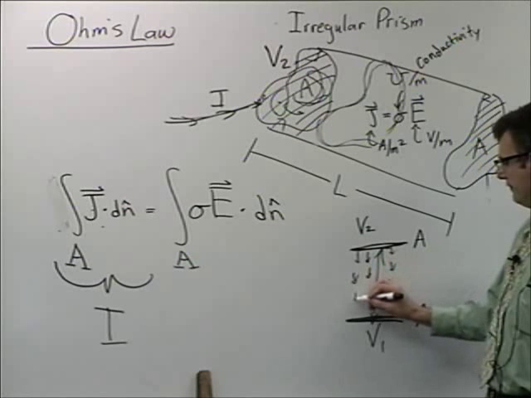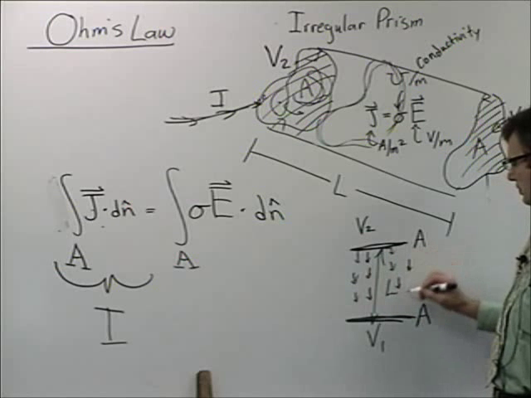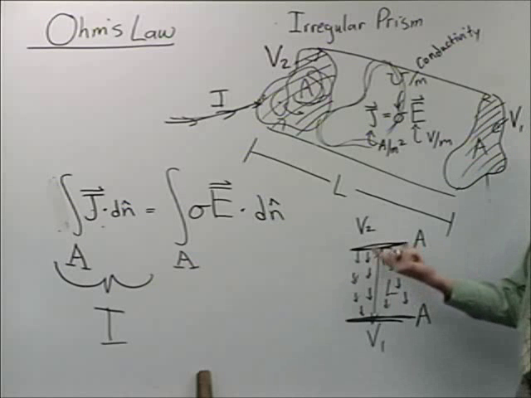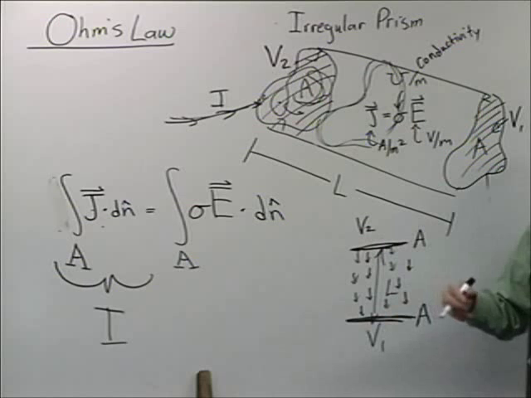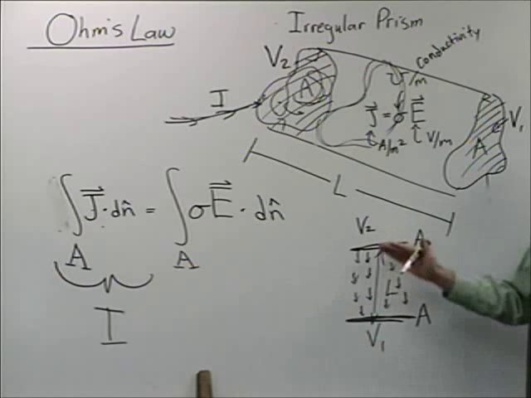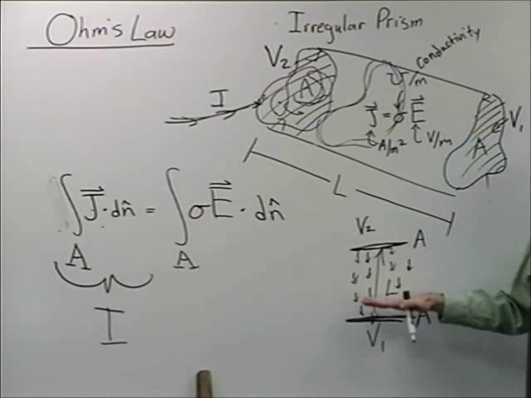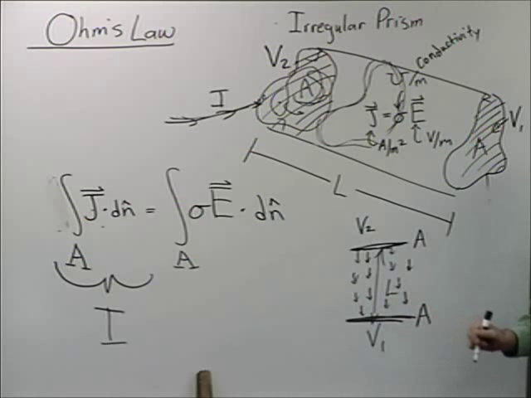And I'm going to invoke a little approximation that we invoked earlier, and that's for the parallel plate capacitor. Whenever I have a voltage here and a voltage here, I could do this by invoking the parallel plate capacitor. I can actually try to solve Laplace's equation in one dimension. But I basically can show that the E field here is constant and it always points down.